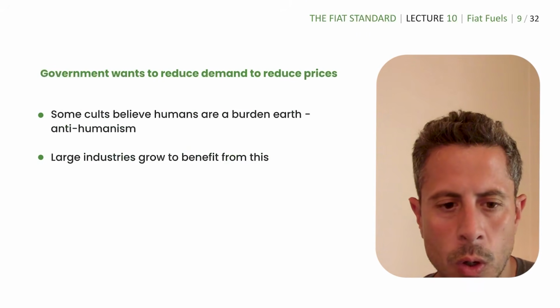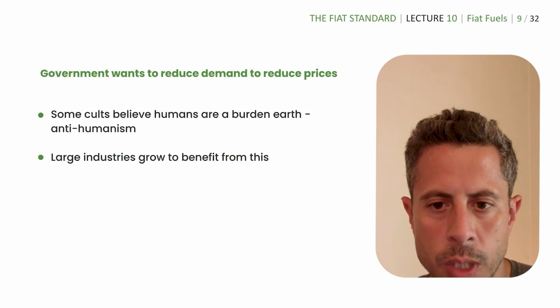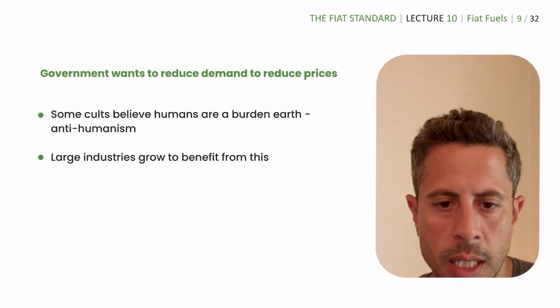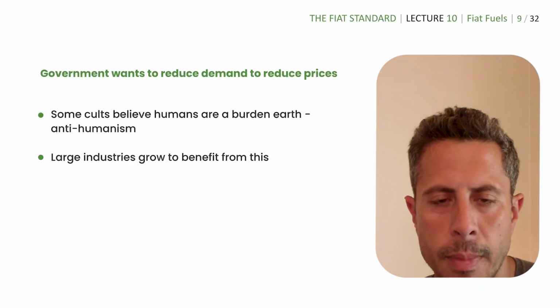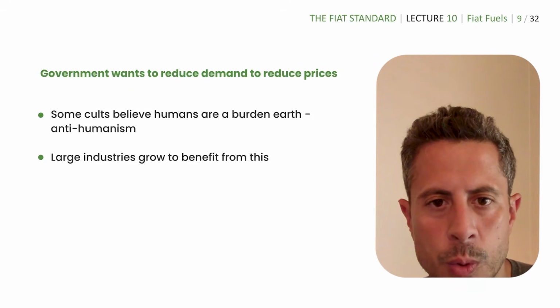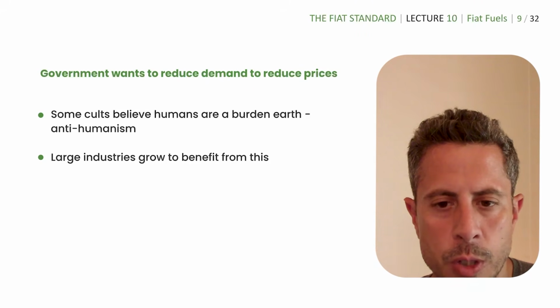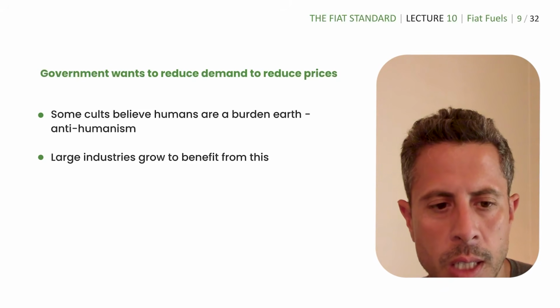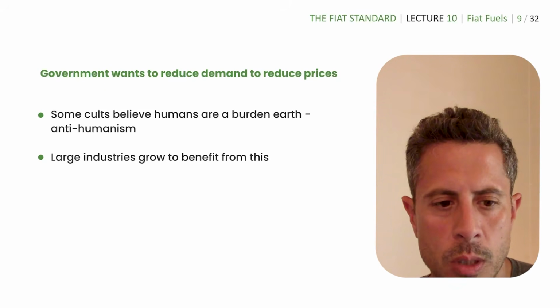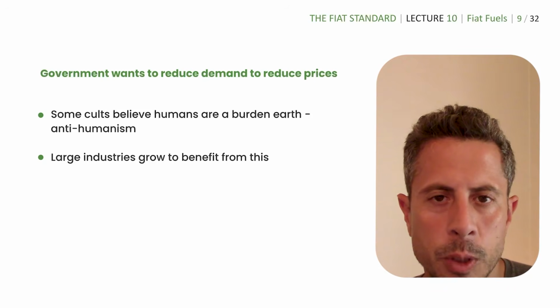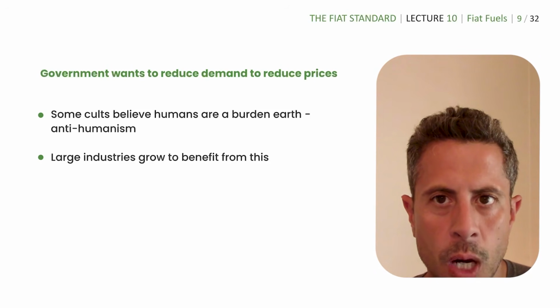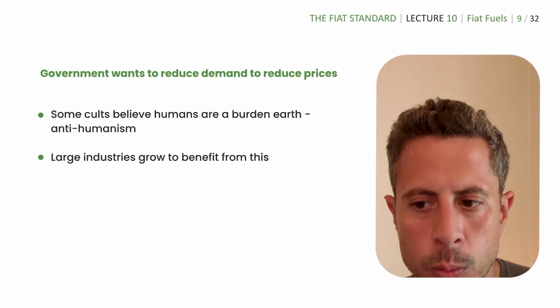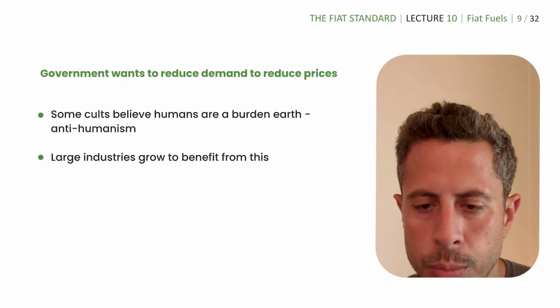What motivates all of this, what we find in all of these policies, is that government is essentially trying to reduce the demand for oil in order to reduce the pressure on the prices and prevent the prices from rising. And some cults believe humans are a burden on earth. A big element of this is anti-humanism. There are a lot of people out there who believe that we are a burden on earth.